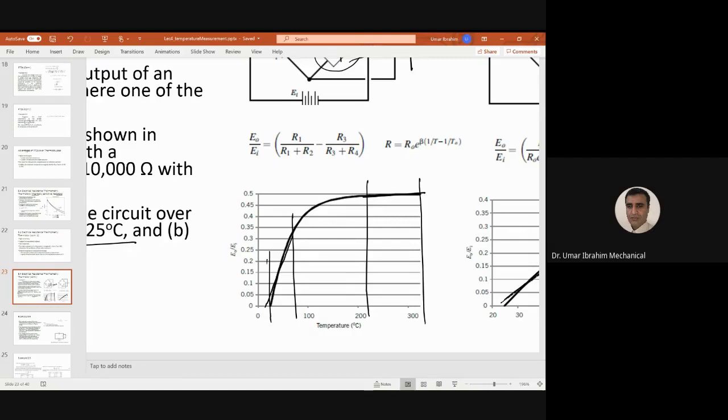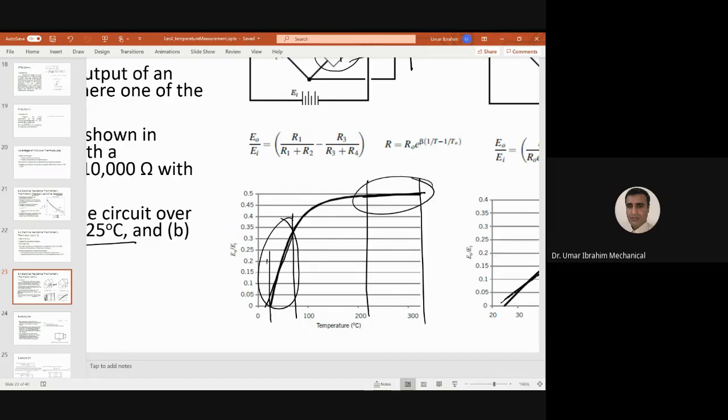And the second one would be that thermistor typically is a very high sensitivity device, which is true in this portion. As you can see, small change in temperature results in higher change in output. So small change in input results in higher change of output.